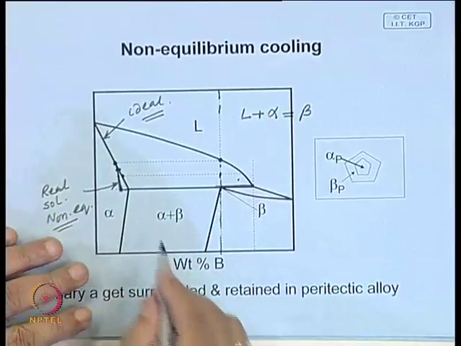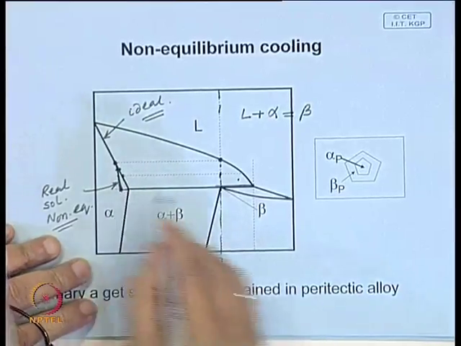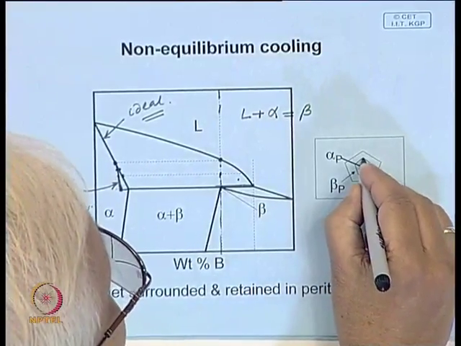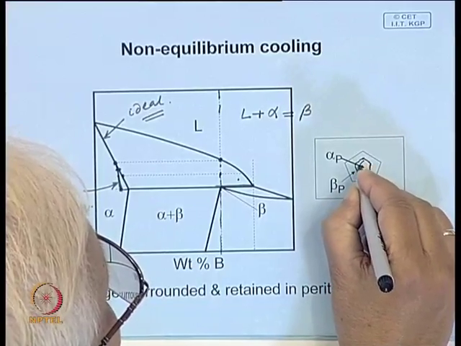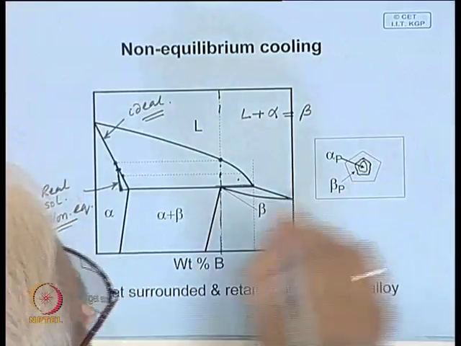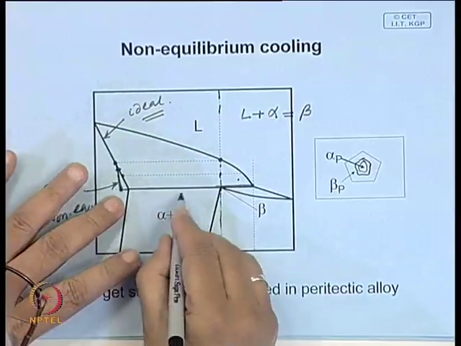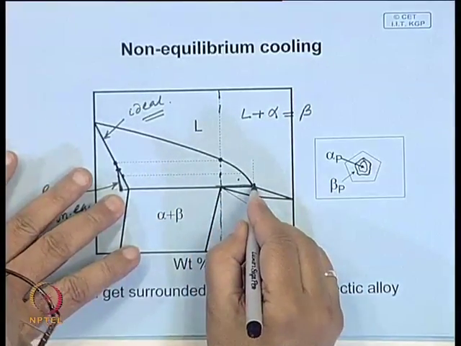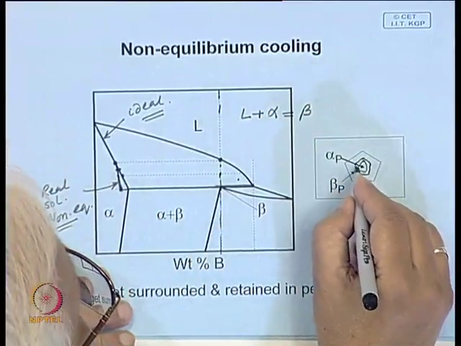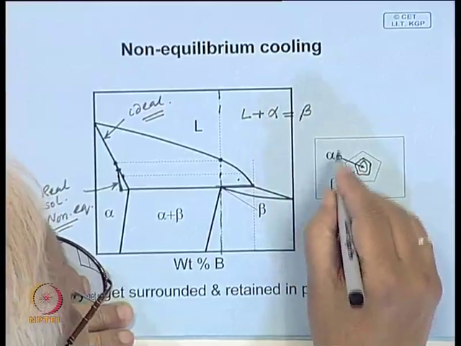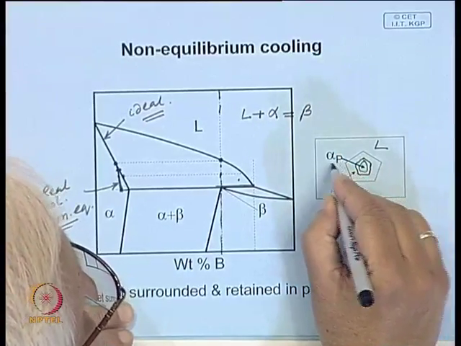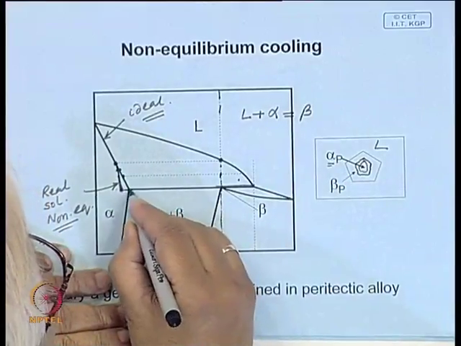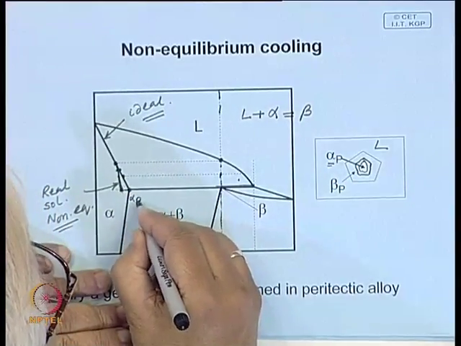So, here what is happening, there is coring, no doubt. That means the primary alpha which has formed has a cored structure. Now, when the peritectic reaction takes place, the surrounding liquid reacts with alpha at the peritectic composition alpha p.